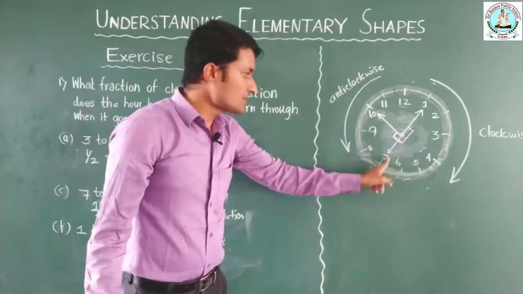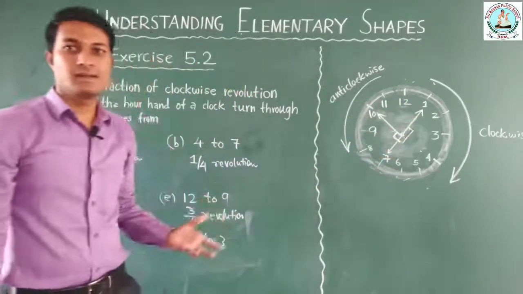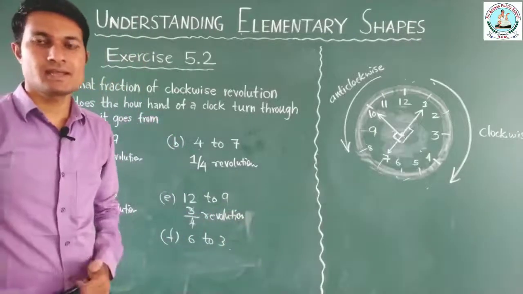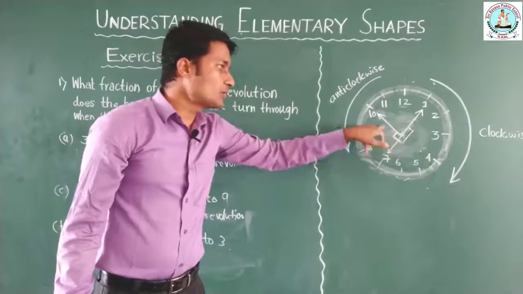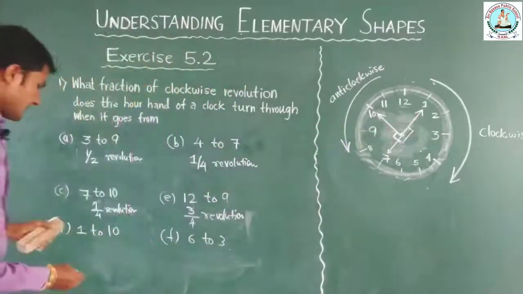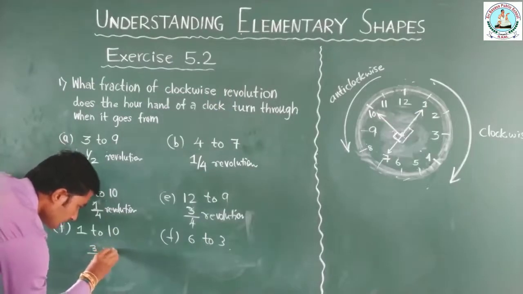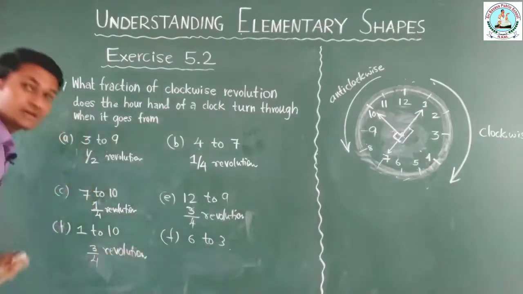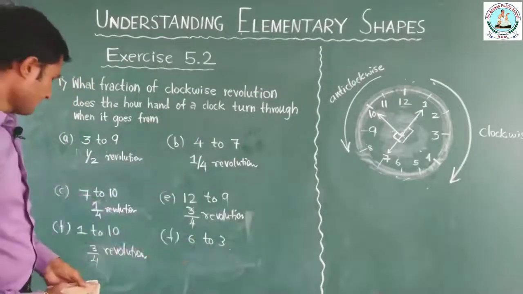From 1 to 7, 2 right angles, from 7 to 10 another right angle. So totally it has covered 3 right angles. So 3 right angles means 3/4 of the revolution. So from 1 to 10 the hand has covered 3/4 of the revolution.